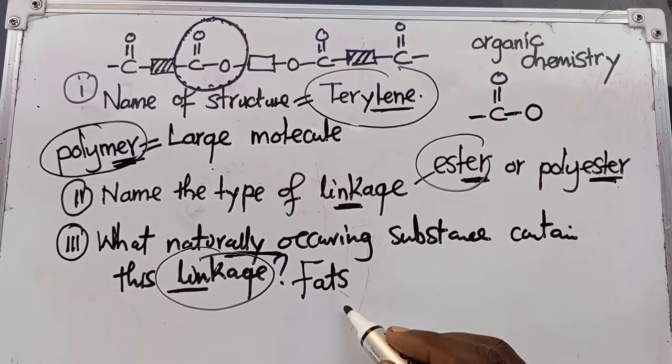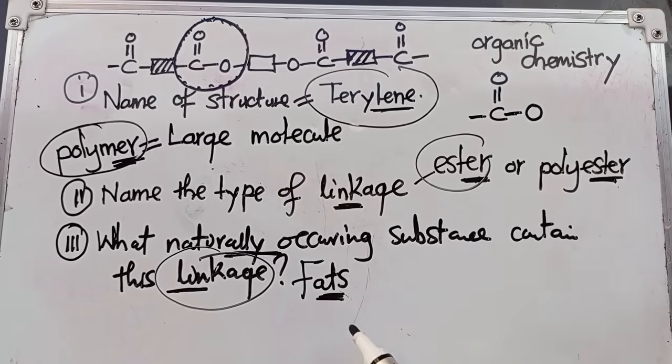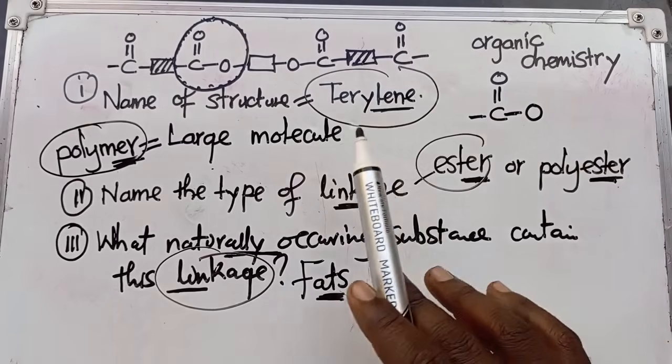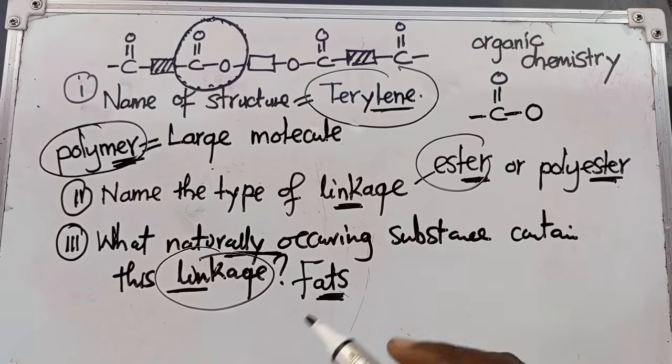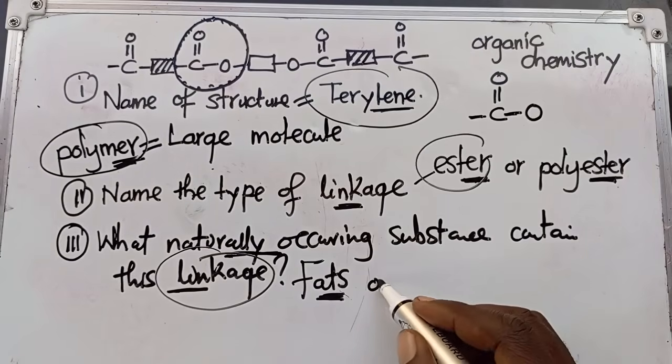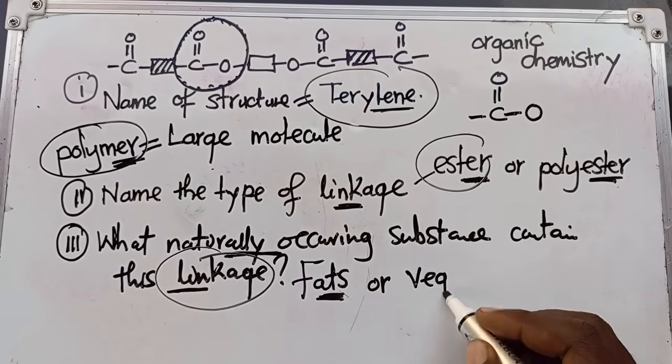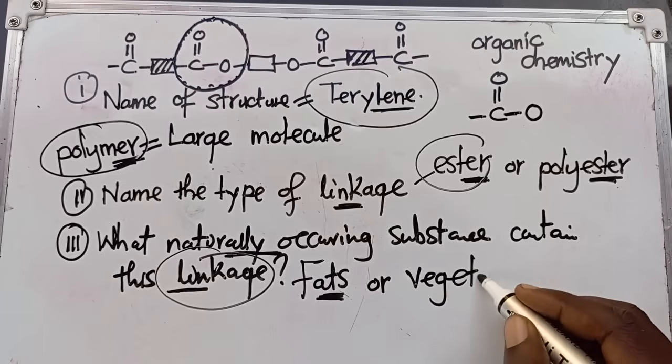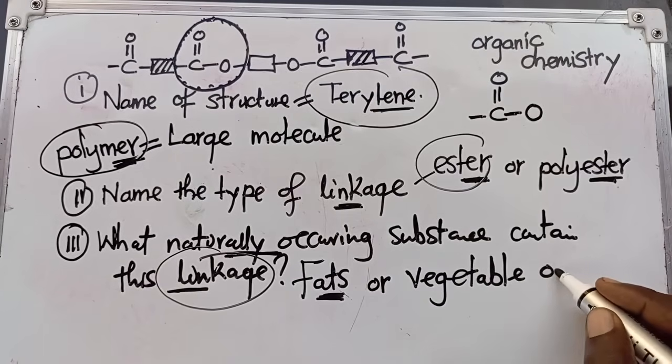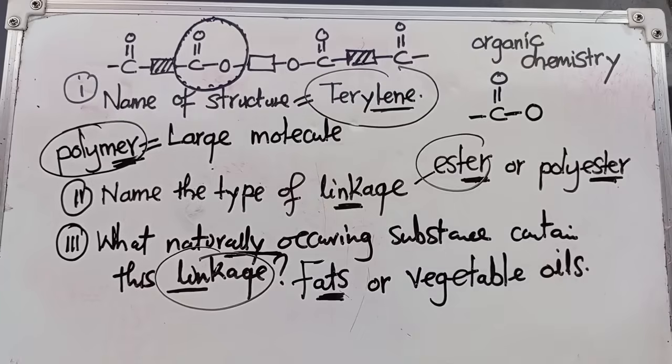Those ones are fats. This is the reason why I tell you that the structure of fats is similar to that of terylene. So we can say fats, or we can put vegetable oils.